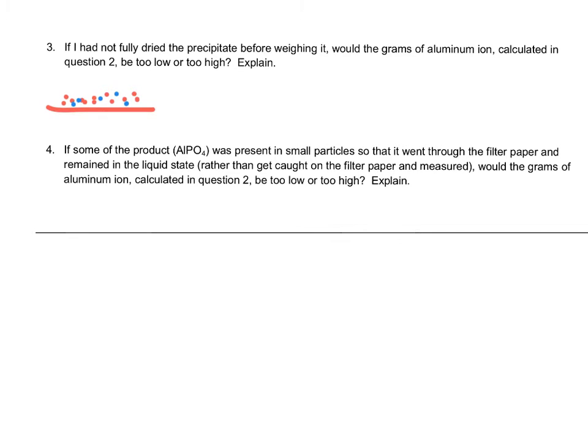If that is true, what would be true of the experimental grams or the measured grams of aluminum phosphate? Would it be all aluminum phosphate? No. So the way I'm going to put it, I'm going to say my experimental grams of aluminum phosphate is too high. It's higher than it should be because the mass I'm getting is not just the mass of the aluminum phosphate. So I'm going to pause this and write that.